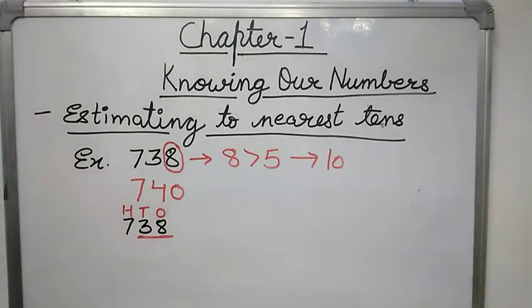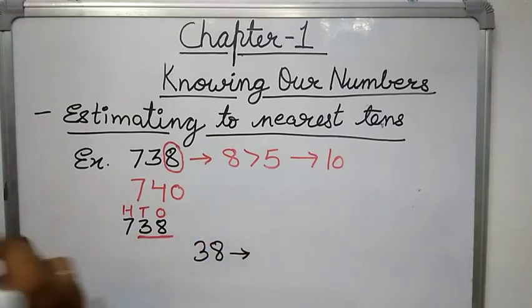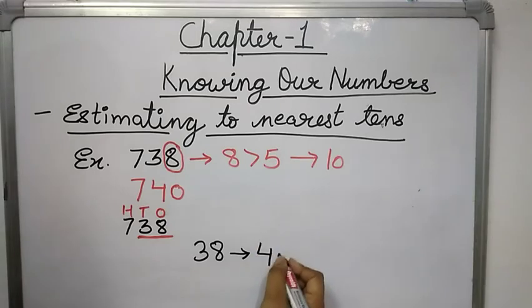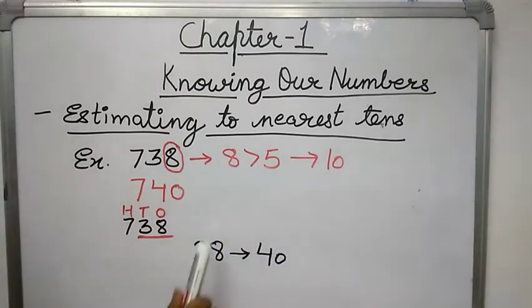And this 38, if you calculate it as I told you from 0 to 10 and 11 to 20, that way 38 is nearest to 40. So when this 38 can be estimated to 40, this 738 will become 740.